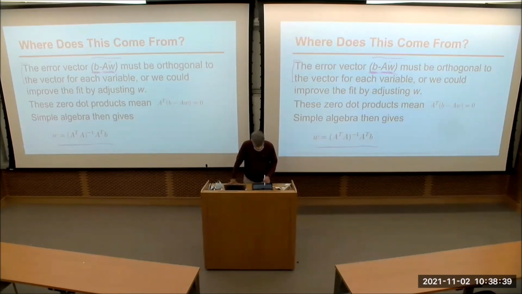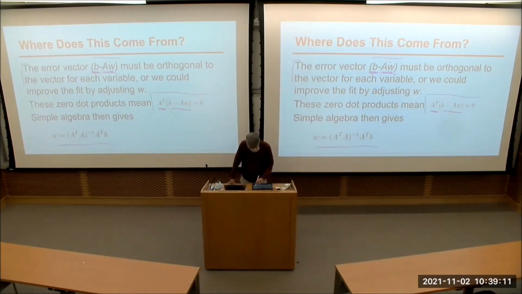If the error vectors are orthogonal to the predictions, that means that the dot product of two vectors that are orthogonal is 0. This basically means that the error times the data for these things, the dot product, is going to be 0.